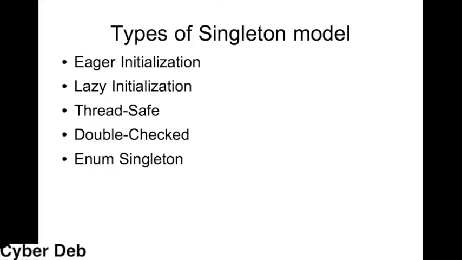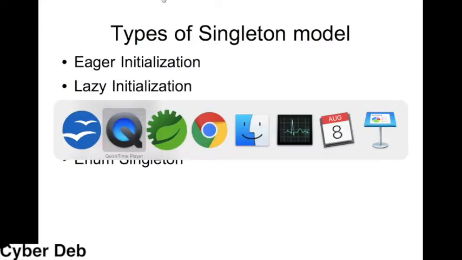When we go to a multi-threaded environment, what will be the problem with eager or lazy initialization, and how will it be resolved to satisfy the singleton model? We will look at that in the example in this video. Let us go to the coding part. Thread safe.